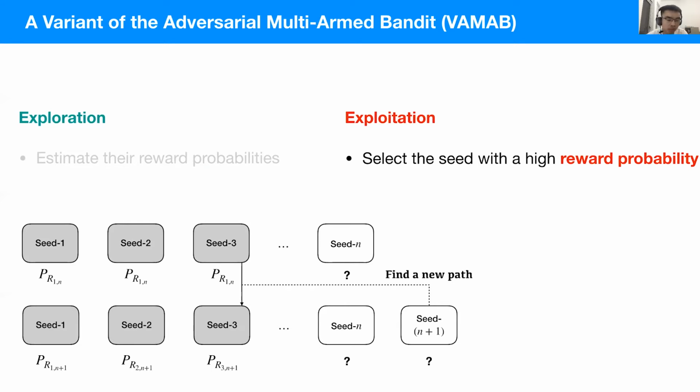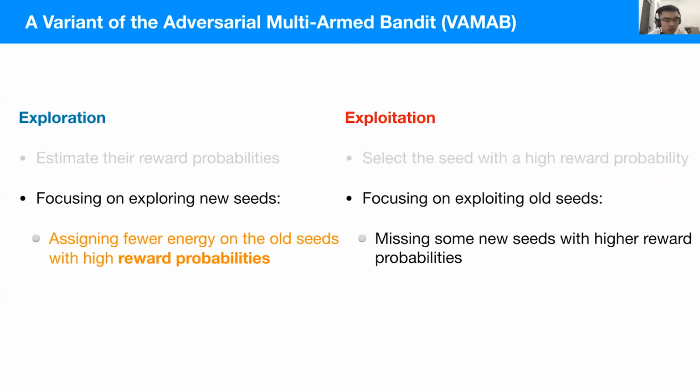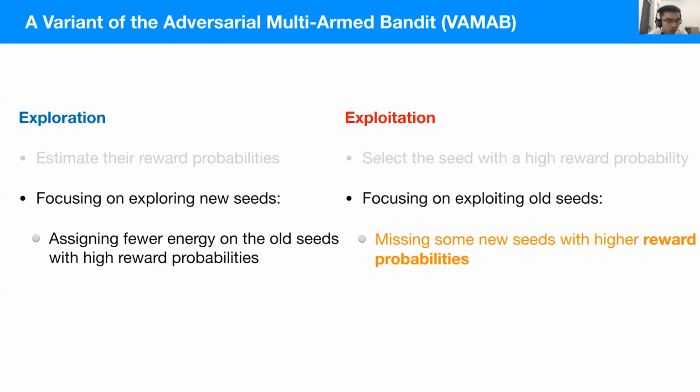This is exploitation. If we focus on exploring new seeds, CGF may assign less energy to the old seeds with high reward probabilities. In contrast, CGF may miss some new seeds with high reward probabilities to find a new path if we focus on testing old seeds.